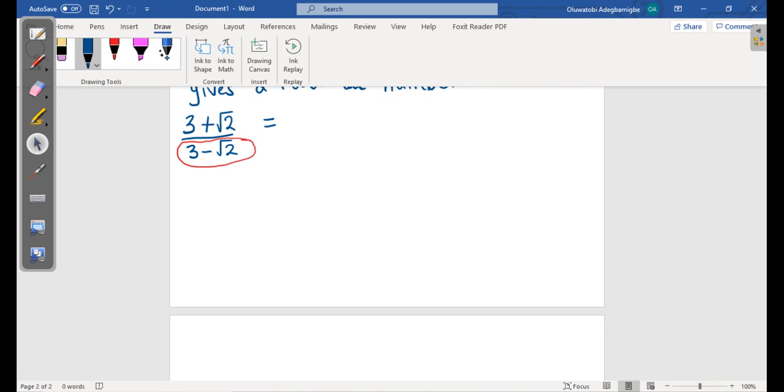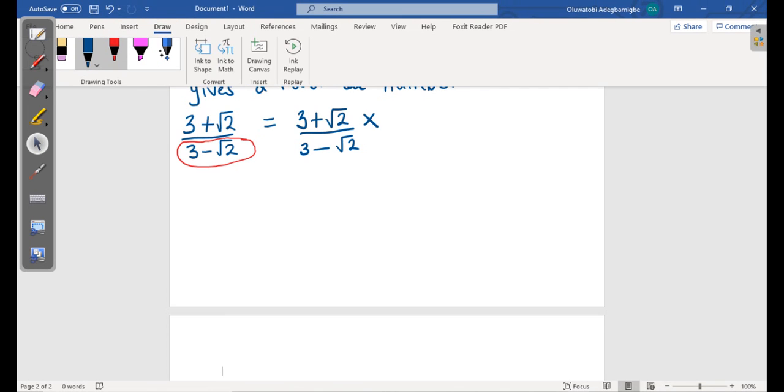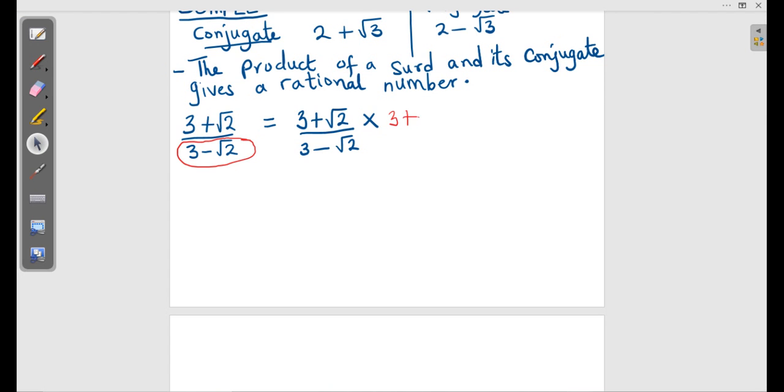So I'm going to have 3 plus root 2, still the original surd, divided by 3 minus root 2, times, what is the conjugate of 3 minus root 2? The conjugate of the denominator is 3 plus root 2, over 3 plus root 2.